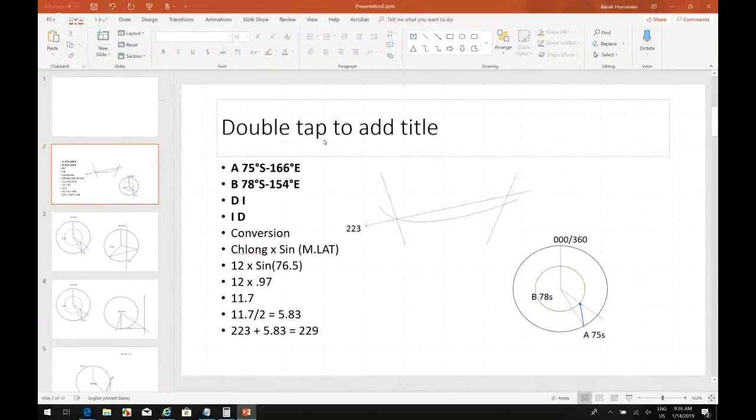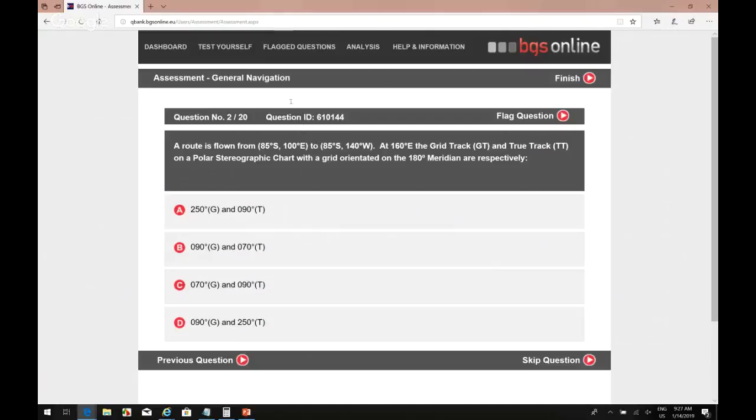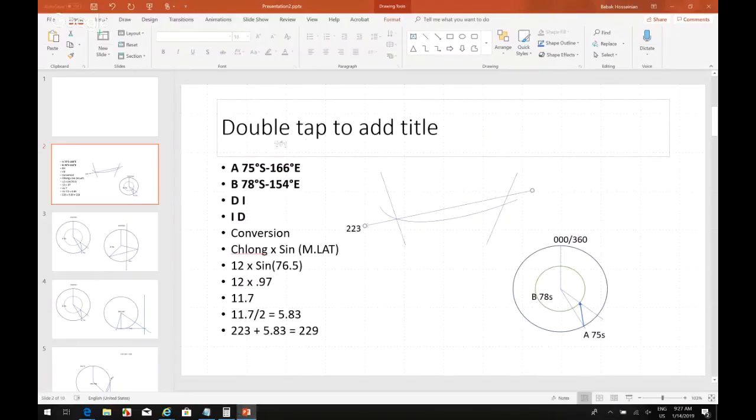If that run line going to the east, going this way, would be 090, then the run line at 160 would be, is 160 more than halfway across? Starting, the run line would be 090. The track would be greater than 090.